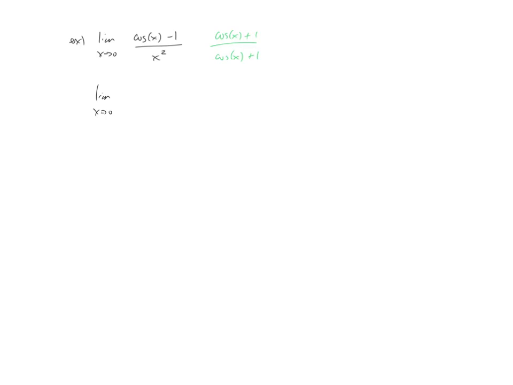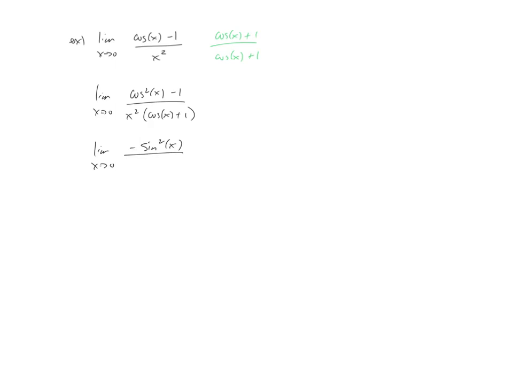Remember, guys, keep that limit notation all the way down until you get rid of all variables after evaluating. So this will give us cosine squared x minus 1 over x squared times (cosine x plus 1). Now, in the numerator, that's an identity. Cosine squared x minus 1 is actually equal to negative sine squared x.